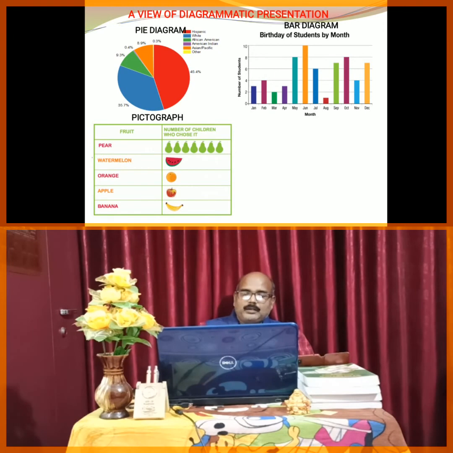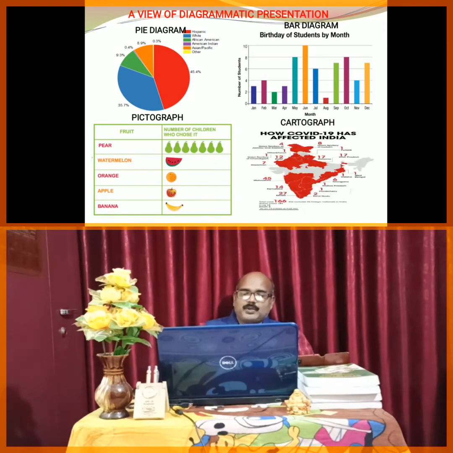Next is your cartograph. Nowadays you see the pandemic situation, that is COVID-19, and this map shows the different states and the COVID-affected people in the different states. So these are the different forms or types of diagrammatic presentation.